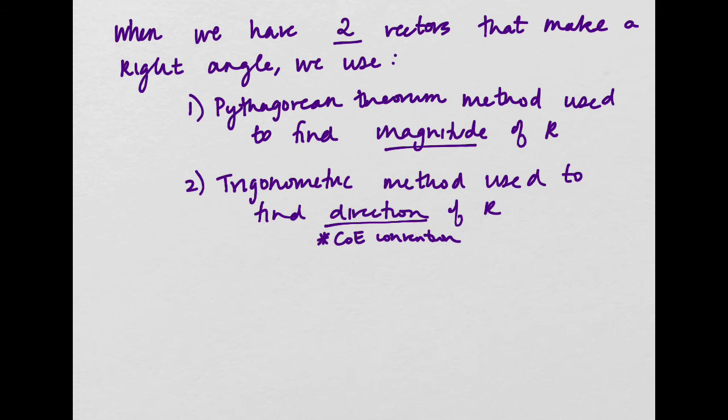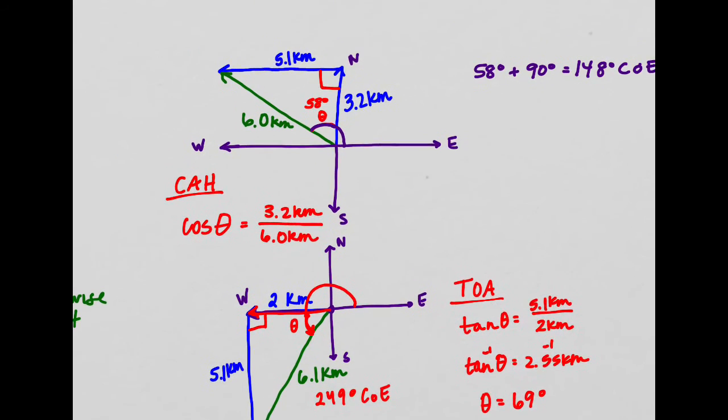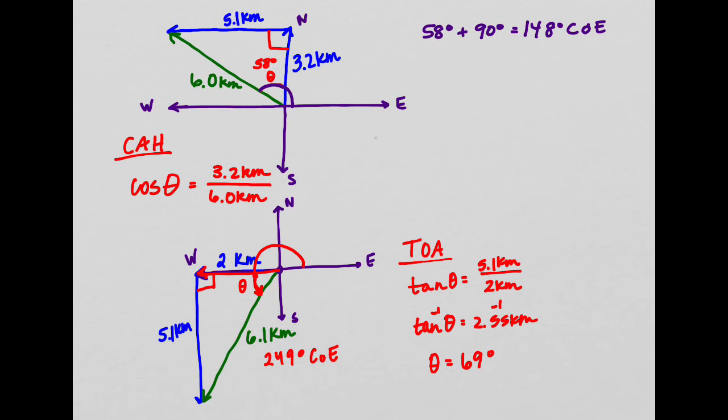Okay, so this is how we're going to find our magnitude and our direction. Very important. All the examples that I've shown you so far have only one direction, right? Like I said, Yusra walks or runs 2 kilometers west and then north.